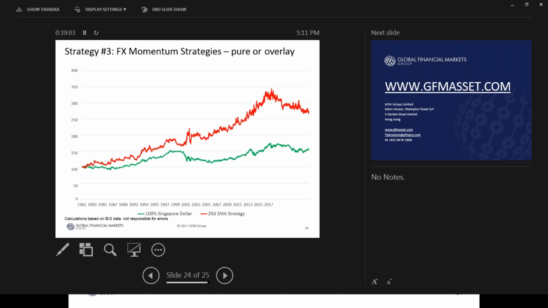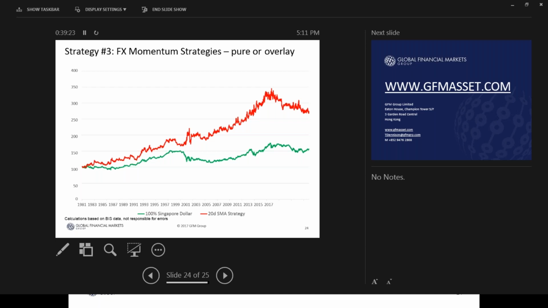Momentum strategies like this tend to work when the markets trend and when the markets move, and they tend to be disastrous when the markets trade sideways. So you'll notice most of the time this has actually done well when the Sing dollar has moved in trends, because as you know, the Singapore dollar is basically managed by the MAS as the way that they run their monetary policy.